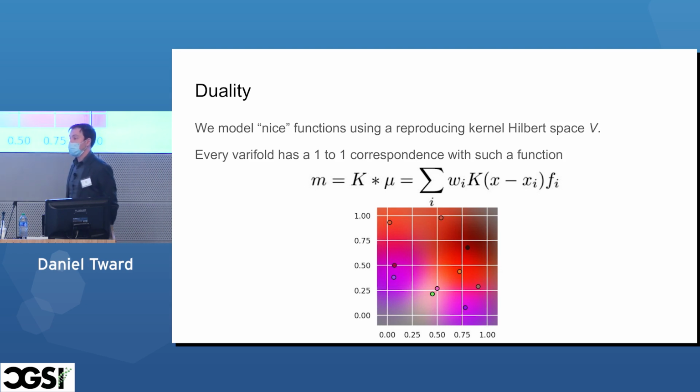So this is a tool for converting these very ugly, infinitely tall, infinitely thin empirical distributions into nice, smooth functions, which can be sampled in any way we like, and doing it in a way which is invertible. So we can pass back and forth between these varifolds and these smooth functions using tools available in reproducing kernel Hilbert spaces.